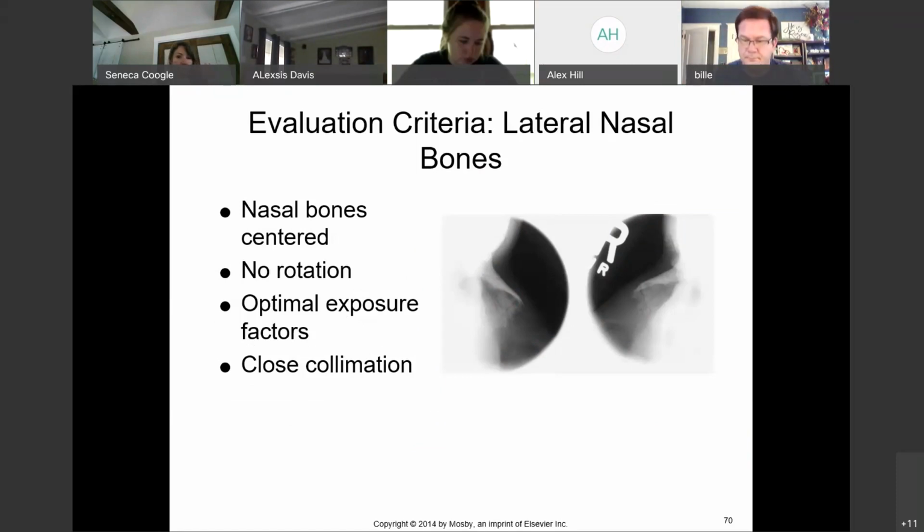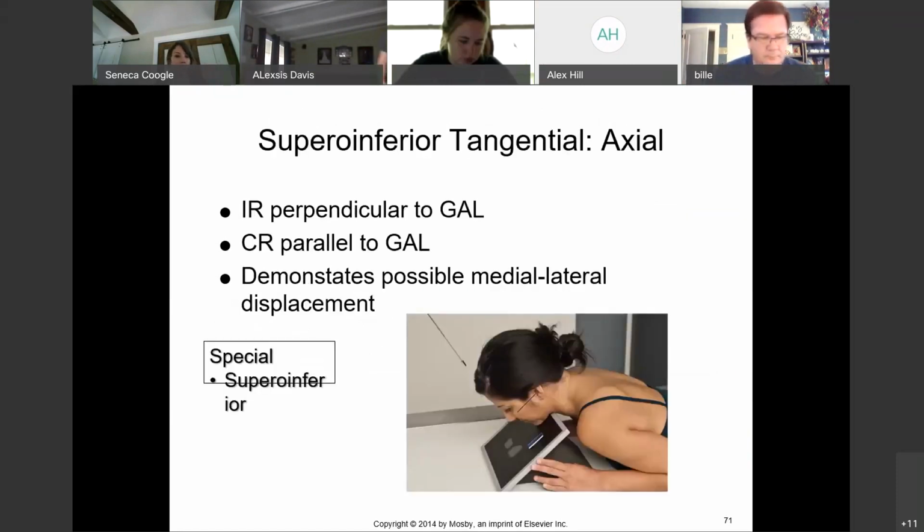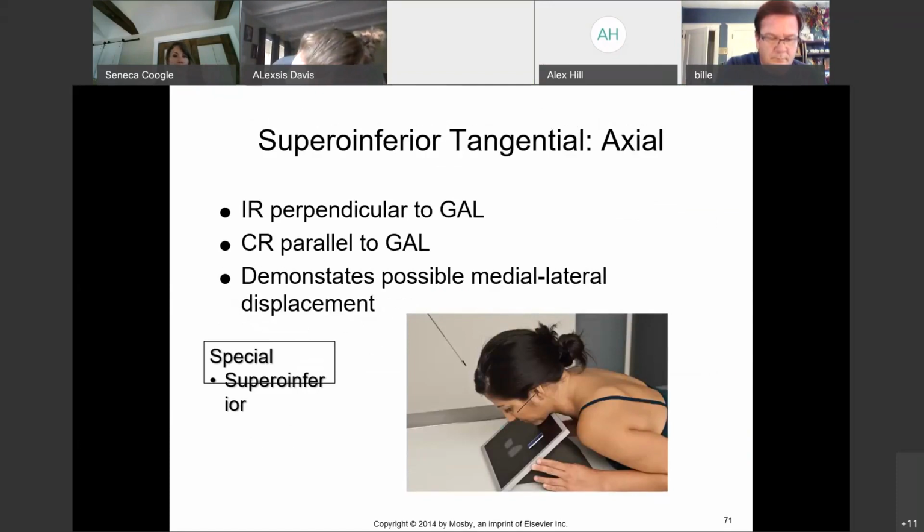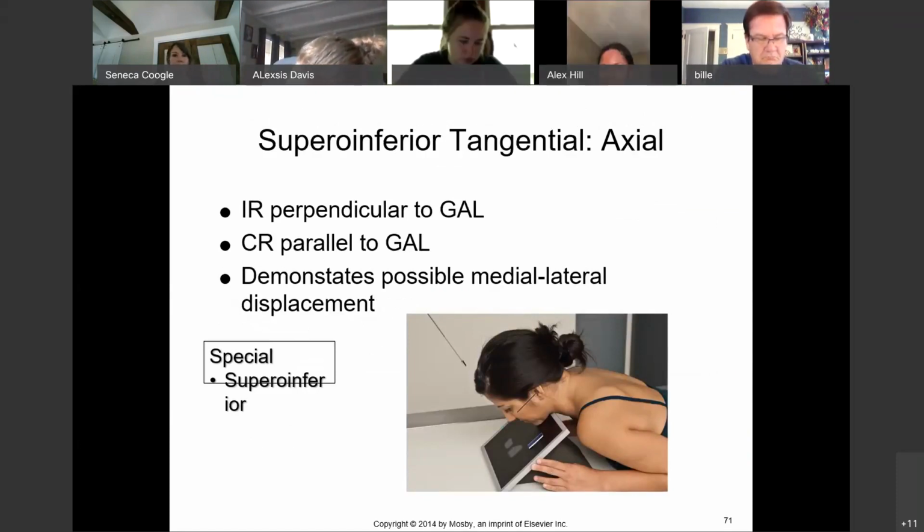All right, this is going to be our last slide before we get back to it on Friday. The superior-inferior tangential axial. This one I have never done before. This looks ridiculous. The IR is perpendicular to the GAL, and the CR is parallel to the GAL.